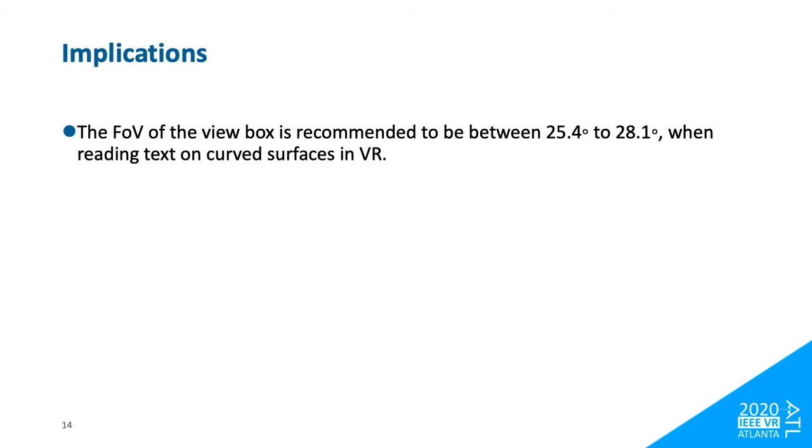And moreover, according to our participants' preference, the horizontal field of view of the wheel box is recommended to be between 25.4 degrees and 28.1 degrees when reading text on the curved surface in virtual reality.